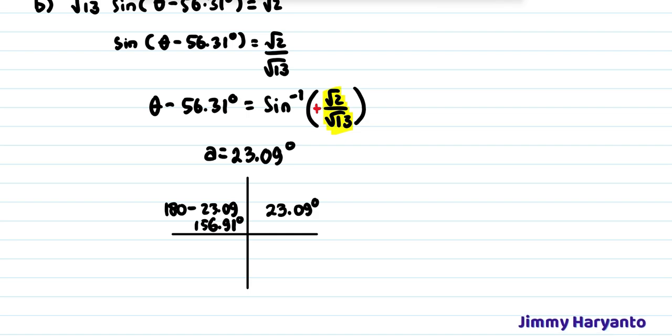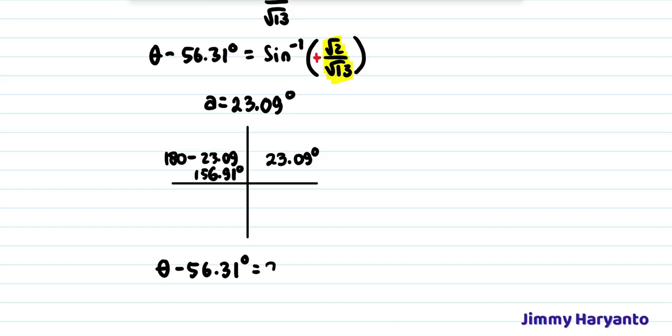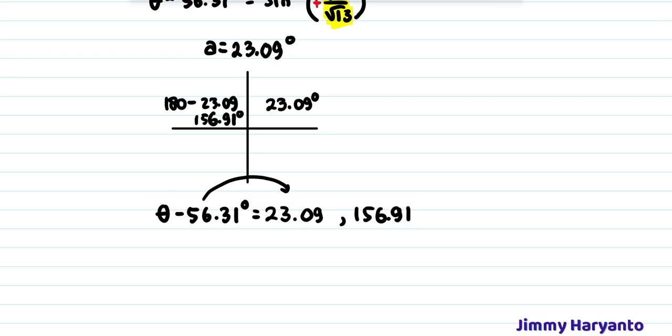This is our angle, but keep in mind that that one is still theta minus 56.31 degrees. So I will write it like this, comma 156.91, and then I will move the 56.31, so I have to add them.